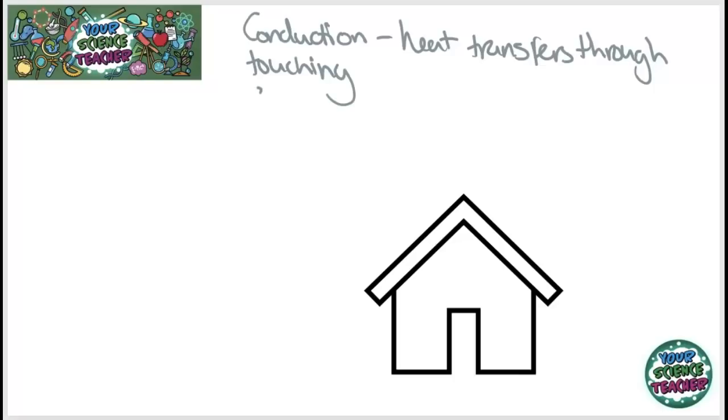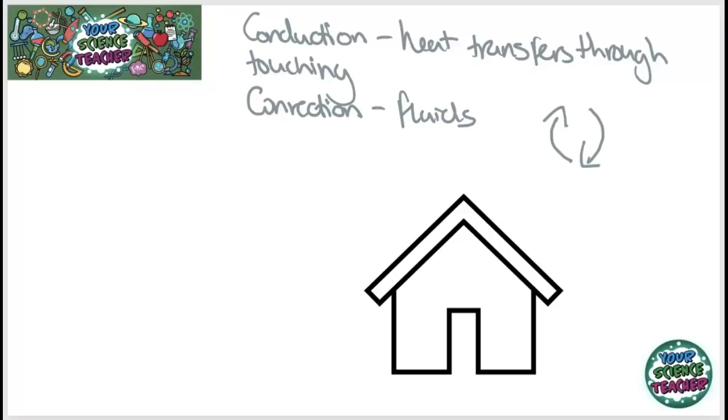There is also convection, and convection basically happens in fluids. What happens in your fluids is when something gets heated up, it becomes less dense and therefore it rises. And once it's risen, it will cool down again and become more dense and therefore fall.